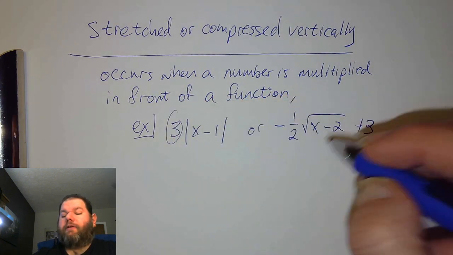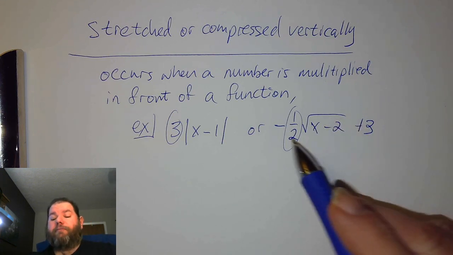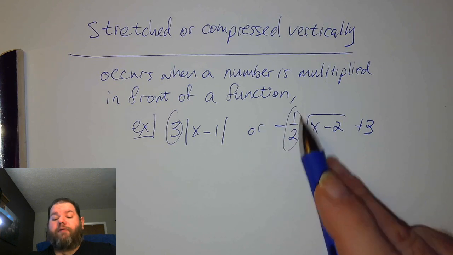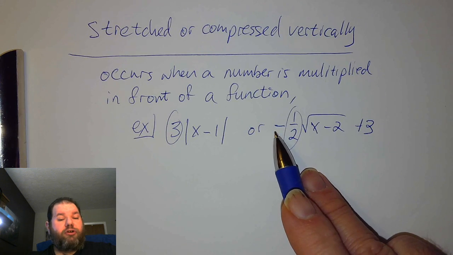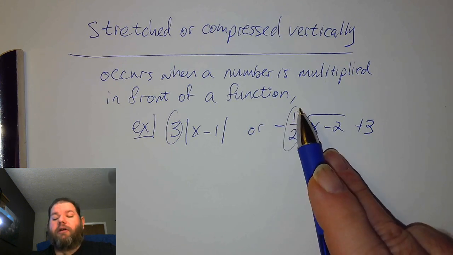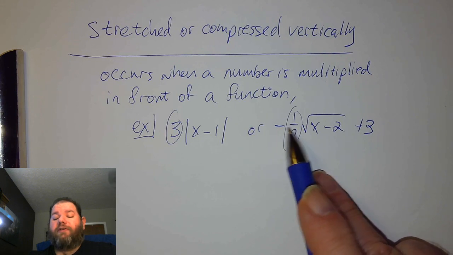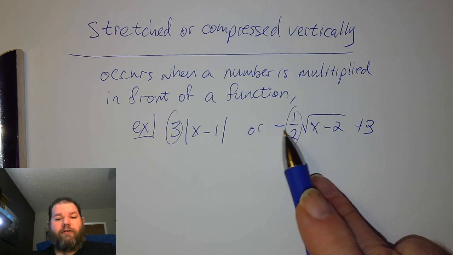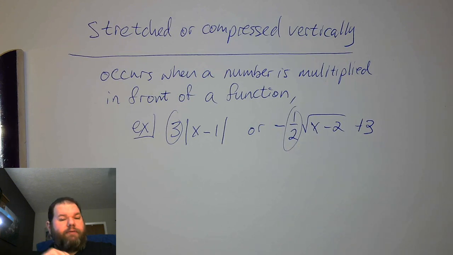In this case, these two numbers would be either stretching or compressing the graph. I want you to notice right here in particular we have a minus and we have a 1/2. Remember, our minus is doing the reflection that we talked about before, and the 1/2 itself is doing something else. So we consider those as two different transformations, the negative and then the 1/2. We want to be careful we don't mix up those concepts.